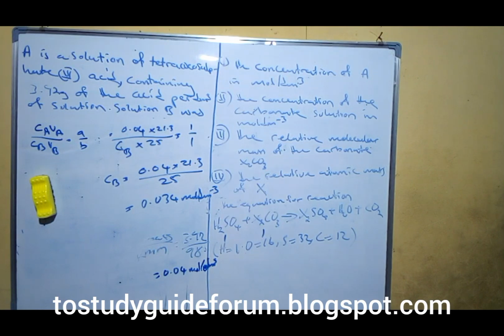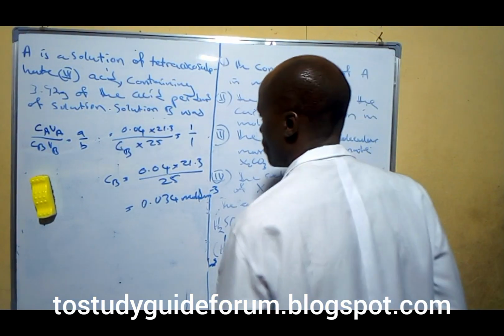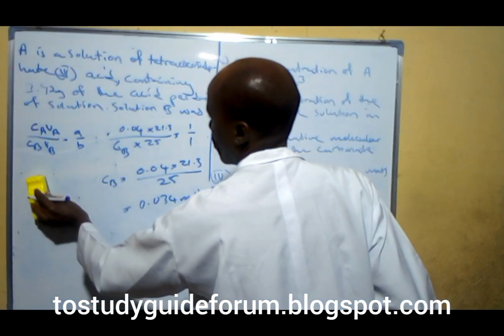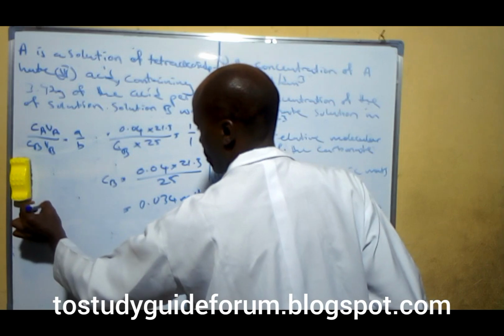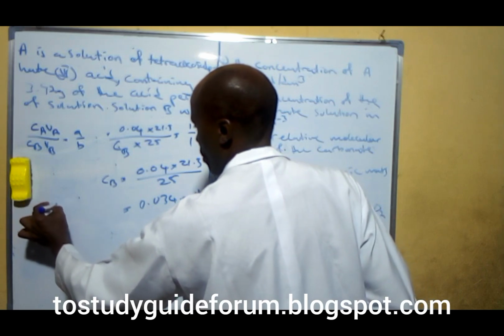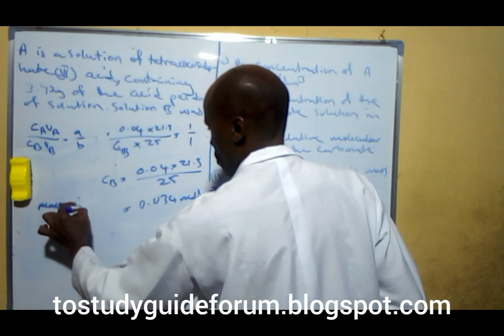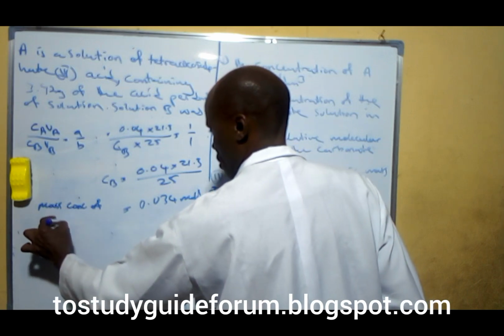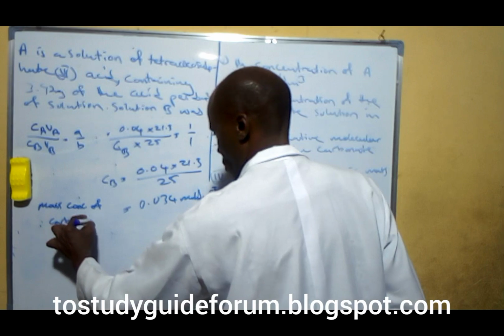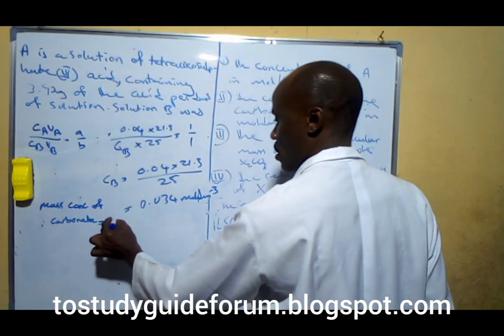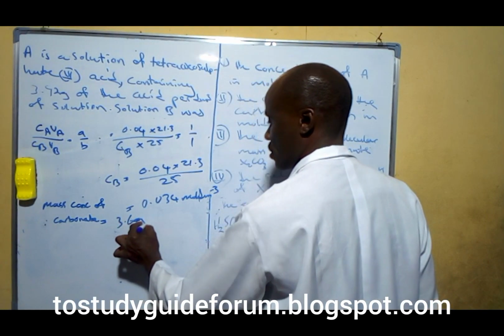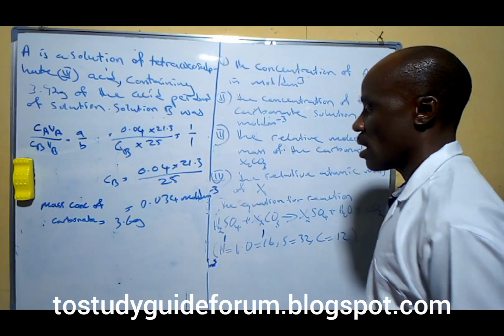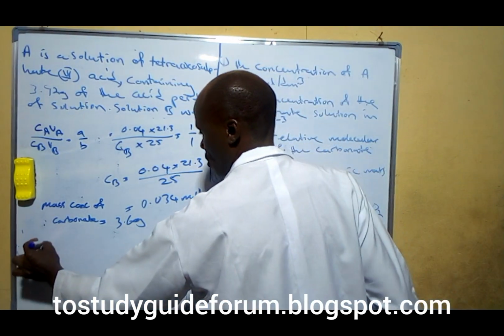The relative molecular mass. That is the next thing. We know the mass concentration of the carbonate, the mass of carbonate is 3.6 grams. And now we have the mole concentration.